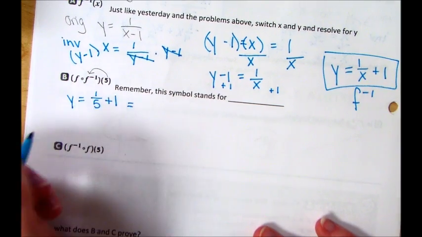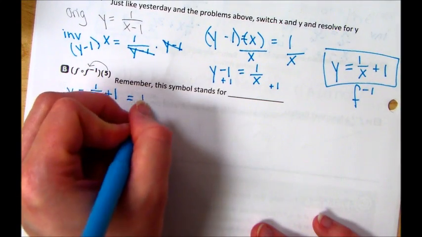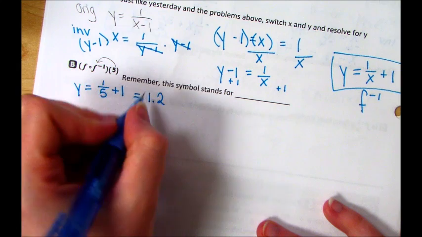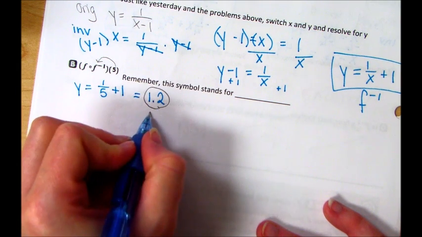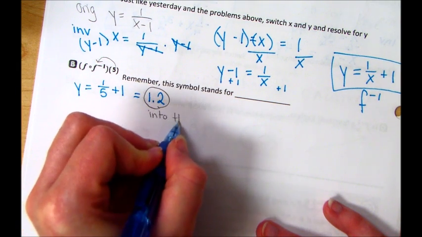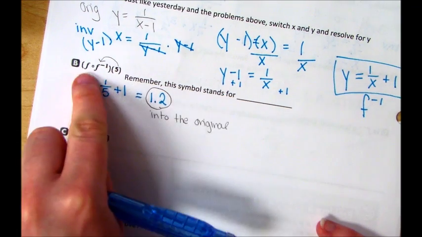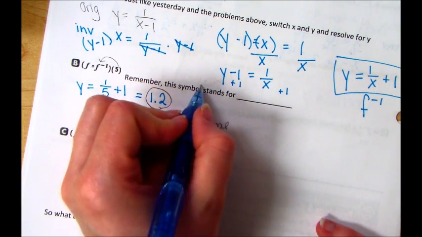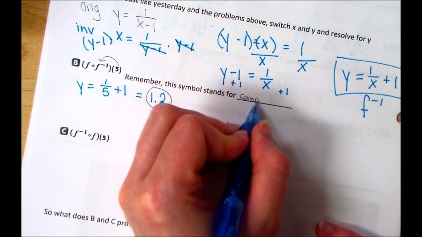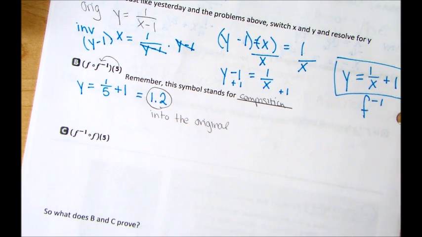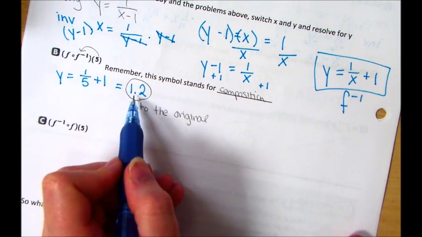And that is going to equal 1.2. Now they want me to take 1.2 and plug this into the original. Oh, I'm sorry. Remember this symbol stands for composition. We did that yesterday a few times on the notes, a composition. So here, let's plug 1.2 into the original.